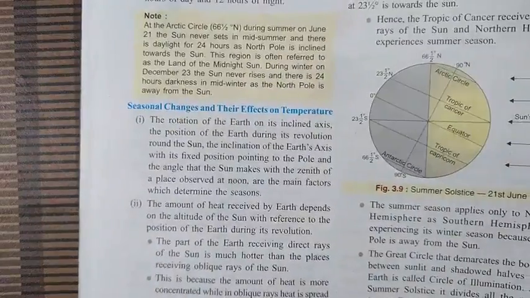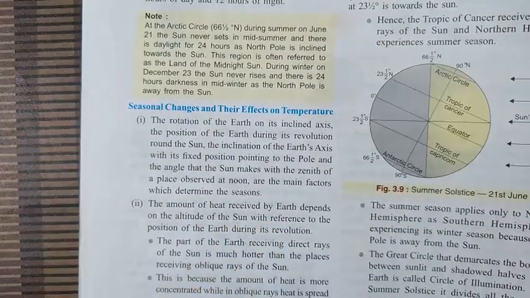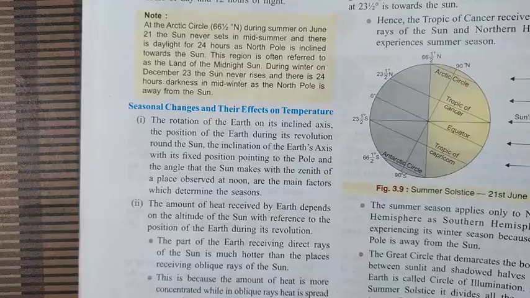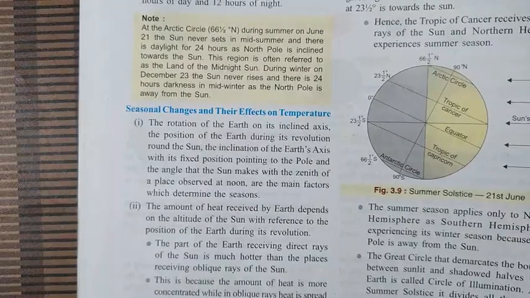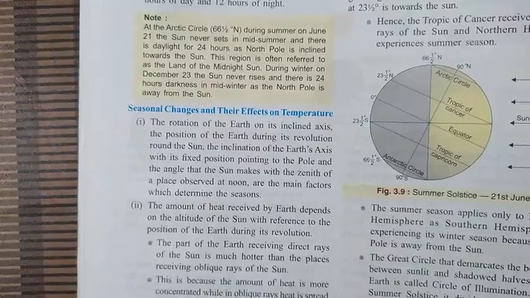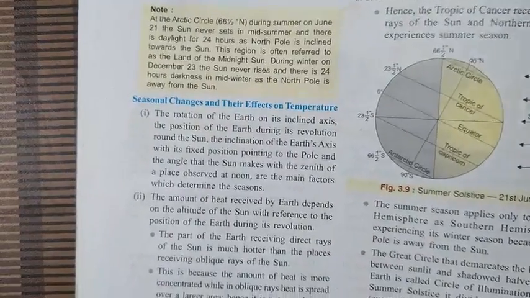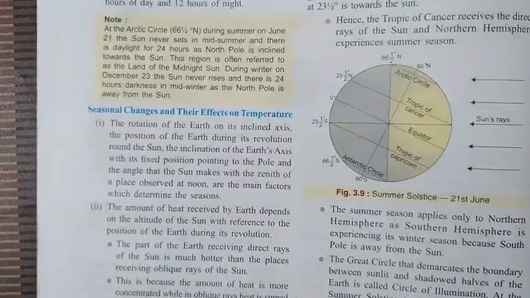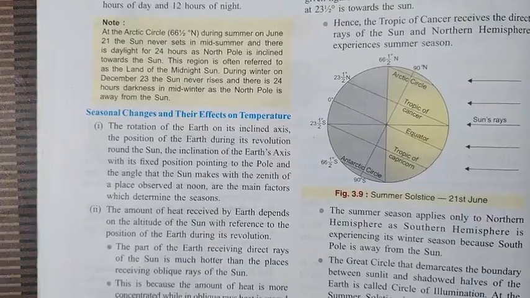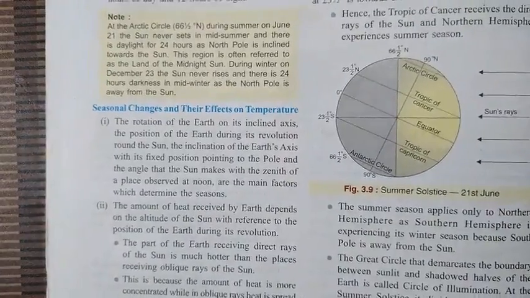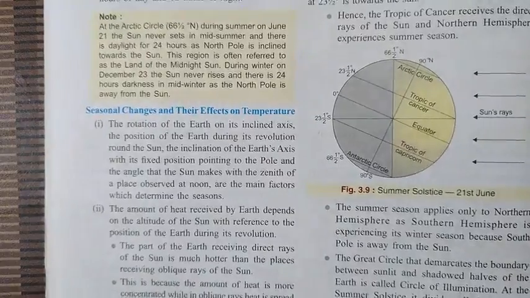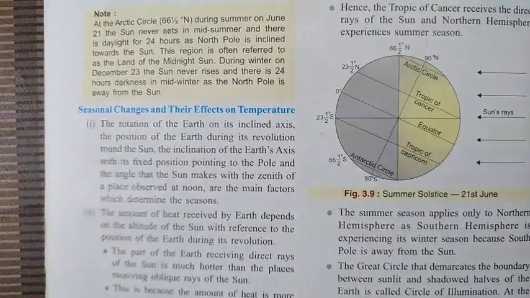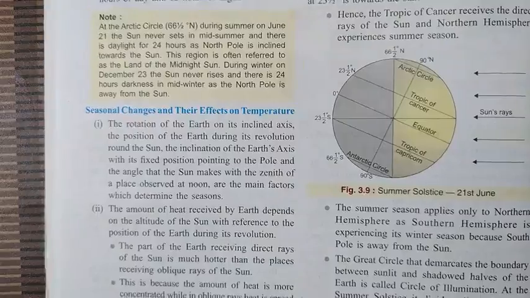And the third effect, already explained to you, is the seasonal changes and their effect on temperature. So you can find summer, winter, spring and autumn, these different seasons. Why are they caused? They are caused due to the revolution of the earth around the sun. And as the earth is also inclined, the rays of the sun fall on different parts of the earth at different angles.